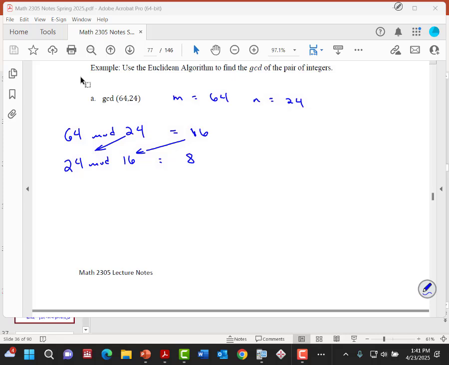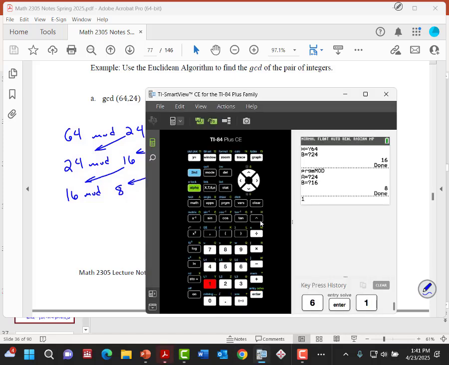Now let's do it one more time. Now we're going to go 16 mod 8. The 16 now becomes the m, and the remainder now becomes the n. Let's compute 16 mod 8, and this should be evident right here: 16 mod 8 is 0.